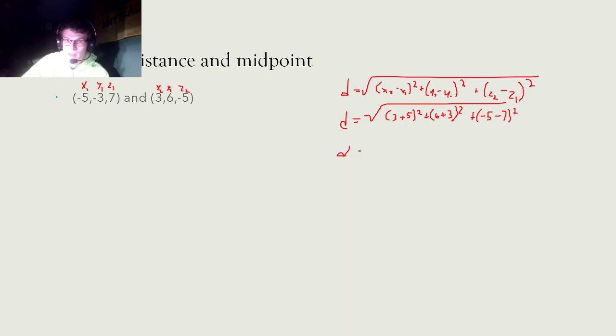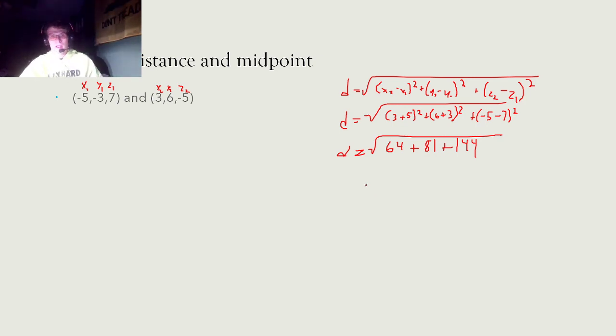So, distance equals square root of 8 squared. 5 plus 3 is 8, and squaring that is 64. 6 plus 3 is 9, and if we square 9, it's 81. Negative 5 minus 7 is negative 12. Squaring that gives us 144. And if you were to go through all of the different steps, you would come out with a solution of distance equals the square root of 289. Okay? So that's the distance, square root 289.